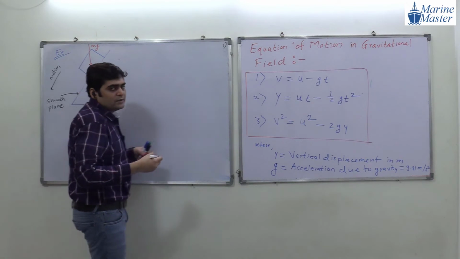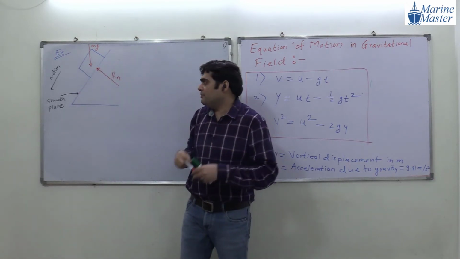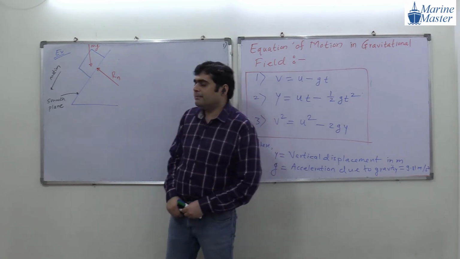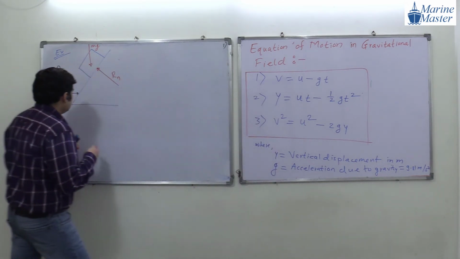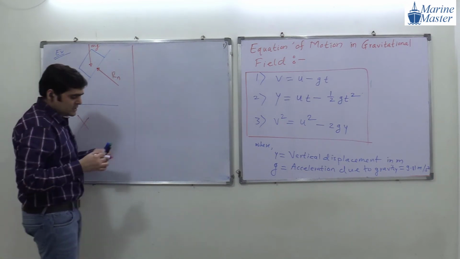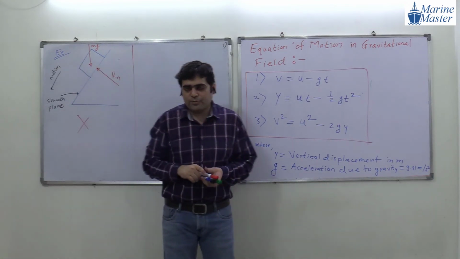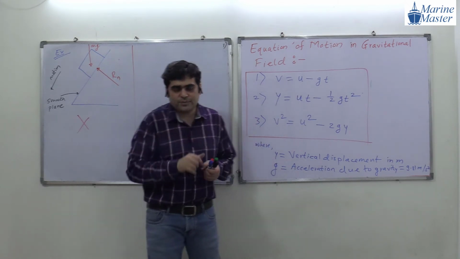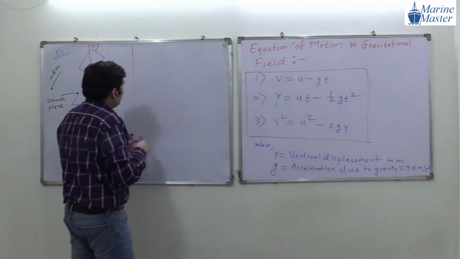So now, is the equation of motion in gravitational field applicable here? No, it is not applicable. Are you getting my point? You got this scenario. Now the next example.